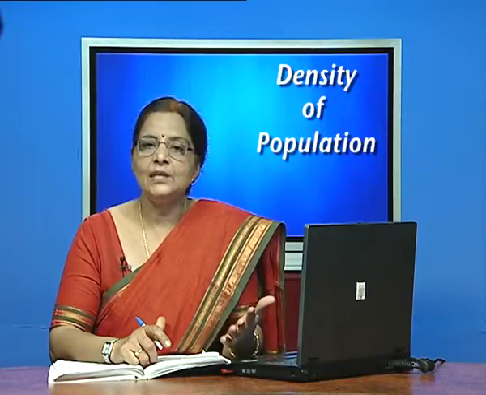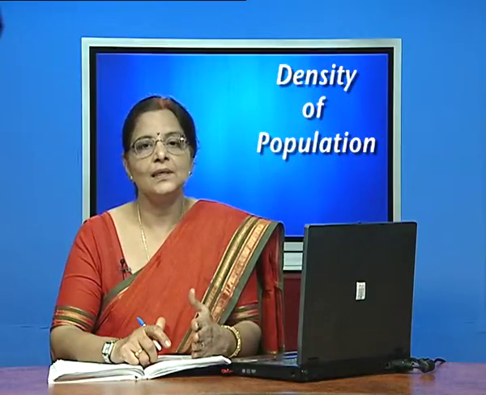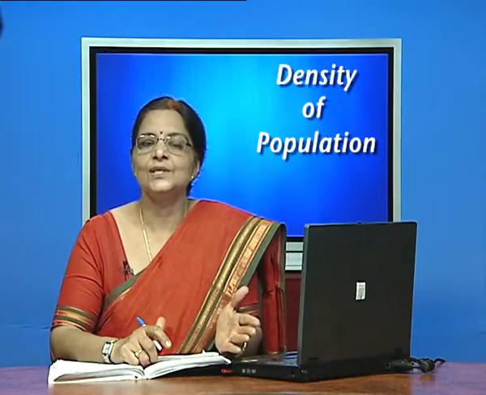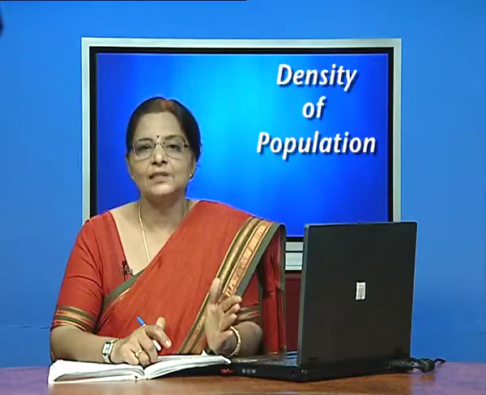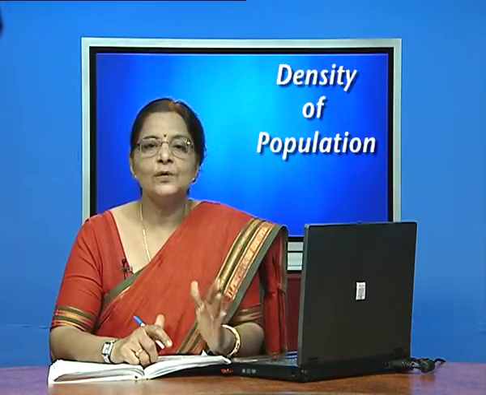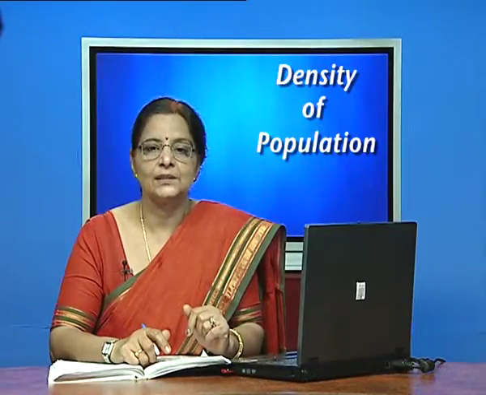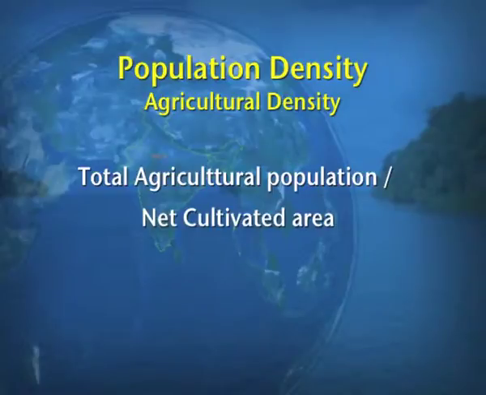And the population living in rural areas work one way or the other in the agricultural activity, which is one of the primary activities taken up in our country. So, now we see how the agricultural density is calculated. This is the total agricultural population divided by the net cultivated area.